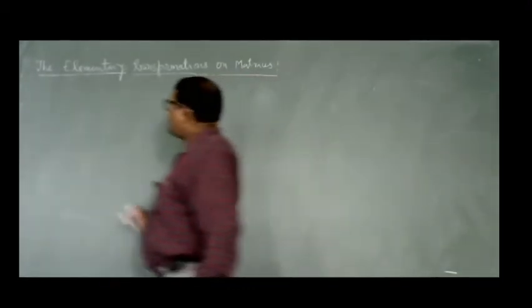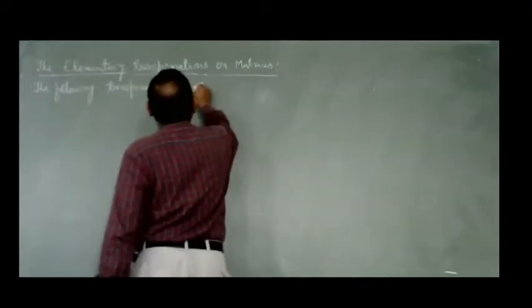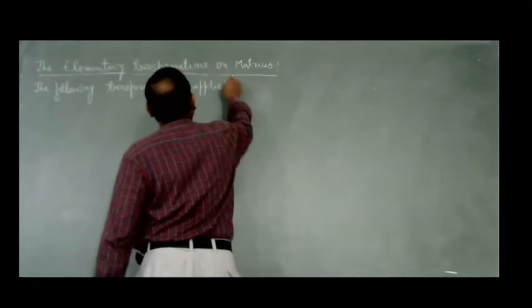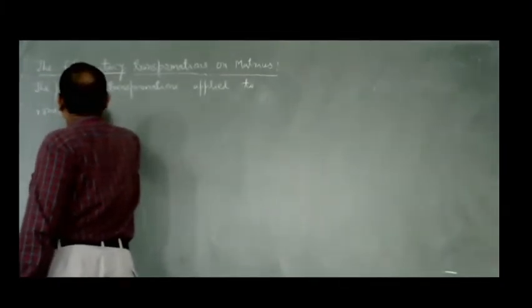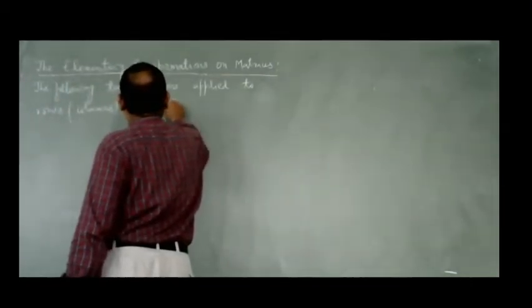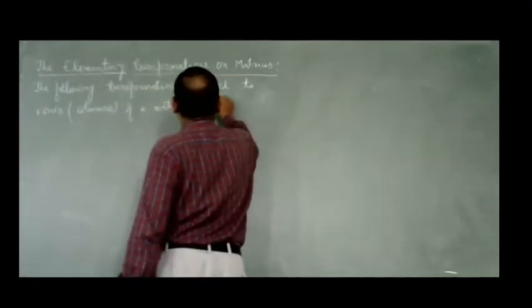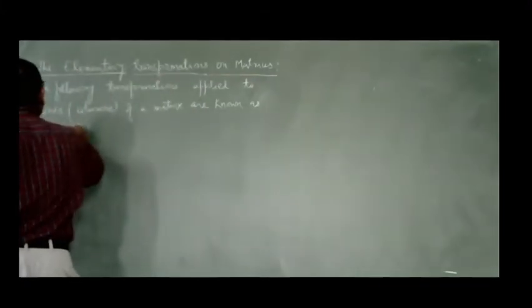So let me explain the following transformations. The following transformations applied to rows or columns of a matrix are known as row or column transformations.